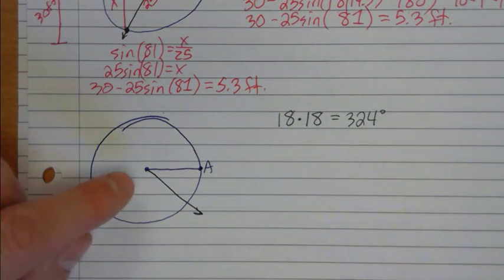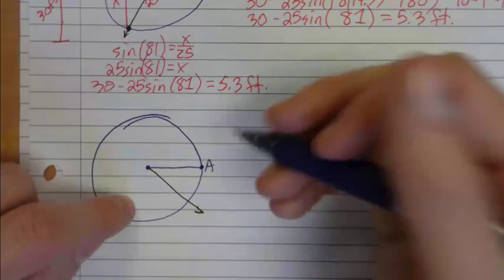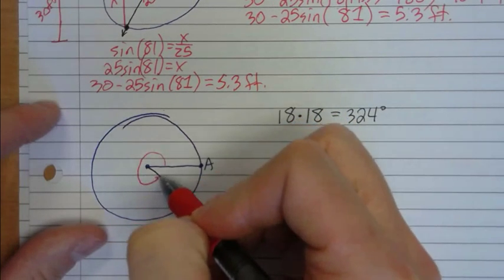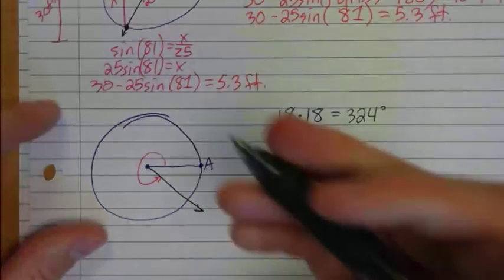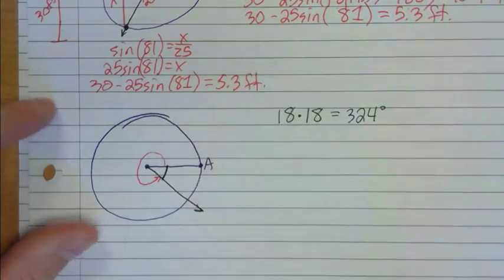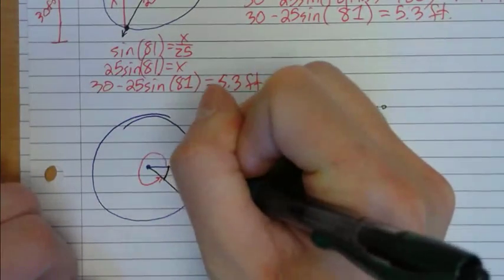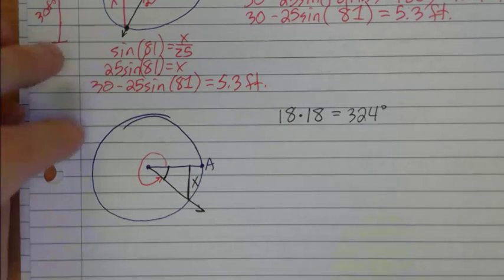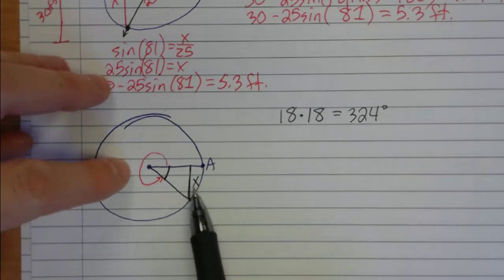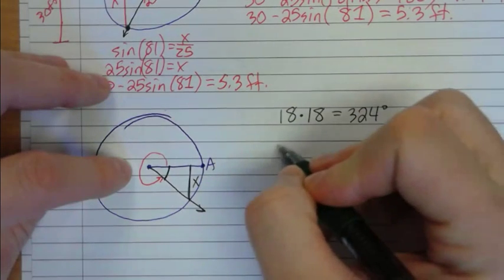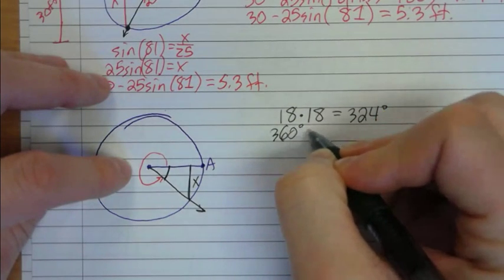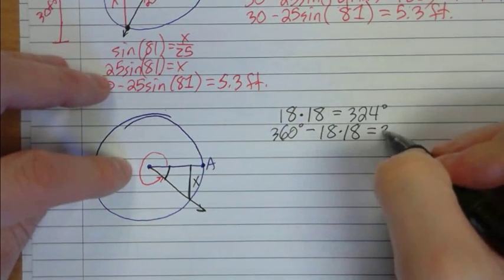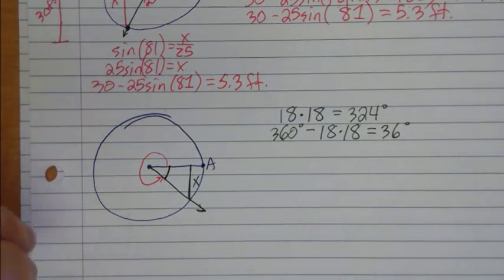So in order to get an angle that's less than 90, all you need to do is, well, this went all the way around the circle. So we just need to figure out what this angle is right here in order to get this x value, which would be 30 minus that x value. So if we wanted to get that x, we would have to just do 360 degrees minus 18 times 18, and that ends up being equal to 36 degrees, similar to earlier.